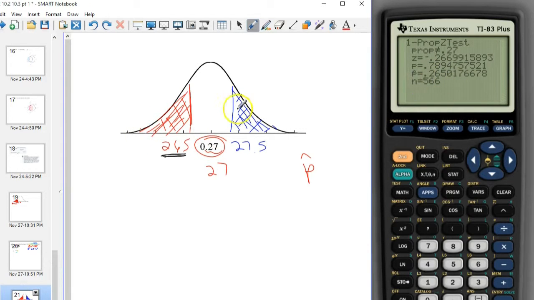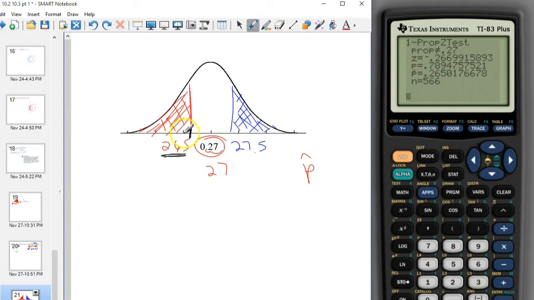So this is what we actually saw, that far away below, or possibly it could have been that far away above, because it was just a random sample. So it could have been below, it could have been above. But this is how far away we were with our 26.5 in our sample.